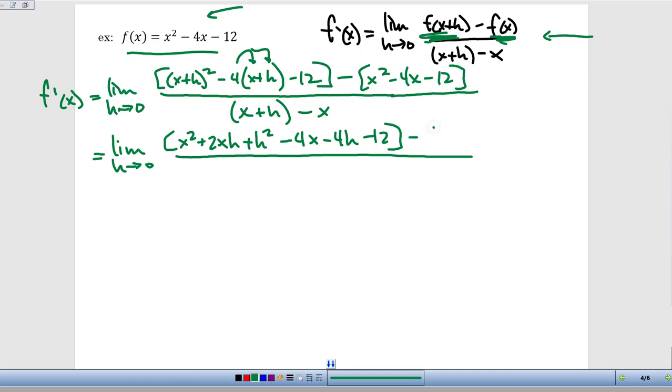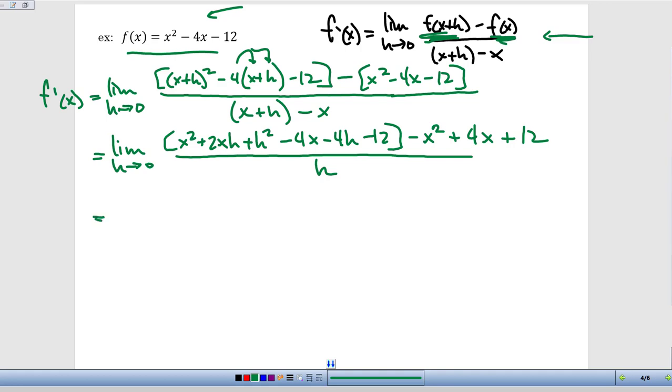And then I still have minus, and I'm going to go ahead and distribute the negative here to everything. So it's going to be minus x squared plus 4x and then plus 12. So we've got the numerator all expanded out. In the denominator, x plus h minus x simplifies into h.